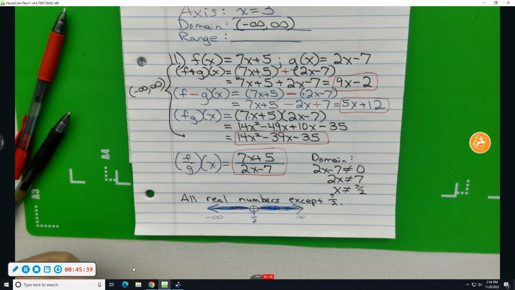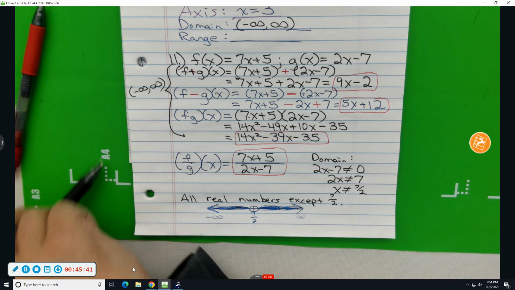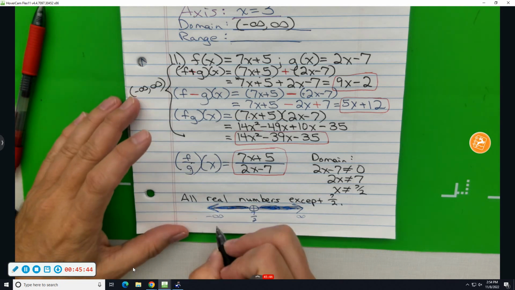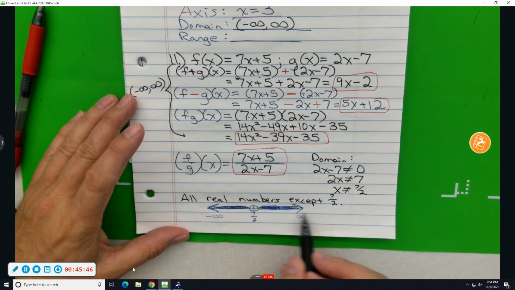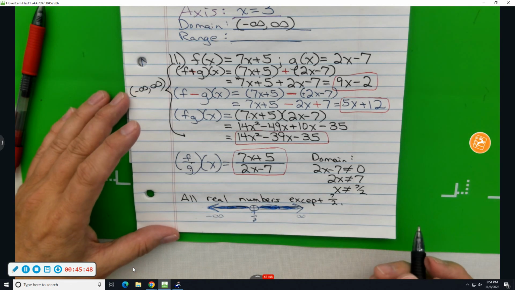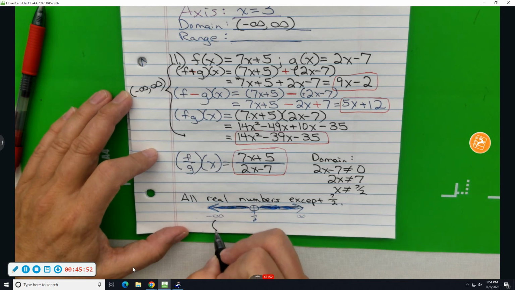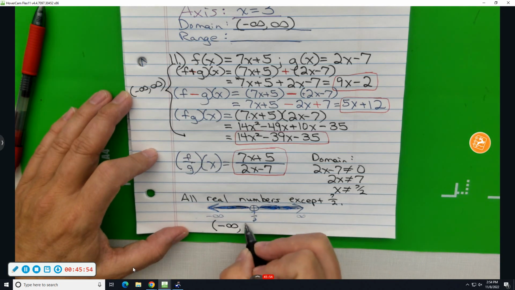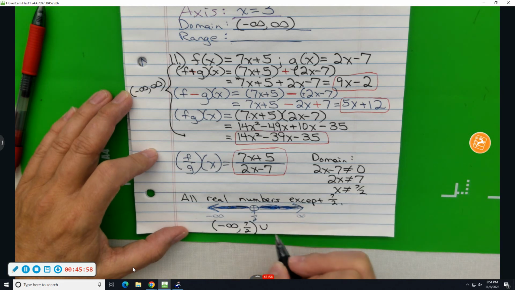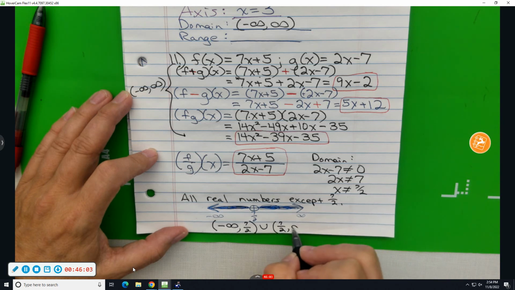And how will we write that using interval notation? There's no closed circles here, so there's no rectangular brackets in the interval notation. You have a parenthesis, negative infinity, comma, 7/2, close parenthesis, union, open parenthesis, 7/2, comma, infinity.